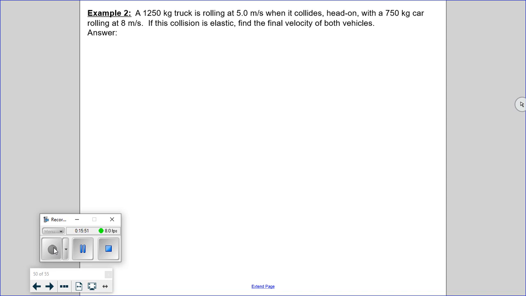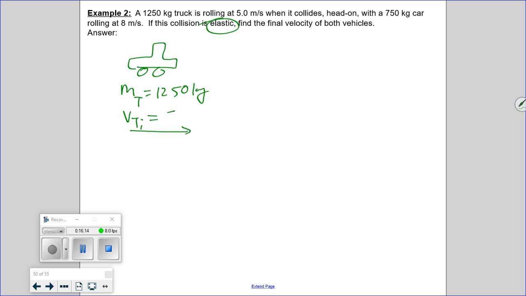We've got the same setup, same two vehicles colliding under the same circumstances, but this time I've told you that the collision is, in fact, elastic. So here's our truck. The mass of the truck is 1,250 kilograms. The velocity of the truck initially is 5 meters a second. Over here we have a car.